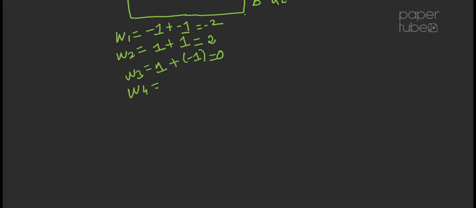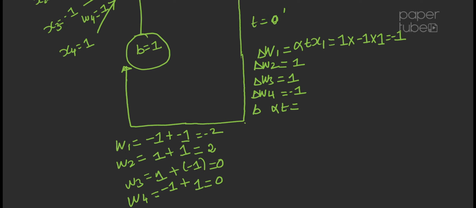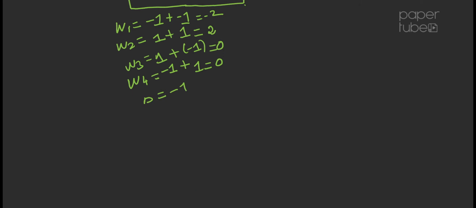W4 is, we have a delta W of -1, plus the old W4, that value is equal to 1. That again makes it 0. Bias: alpha t is 1 multiplied by -1, that makes it -1. New bias is -1 plus the old one, +1. That makes it 0.